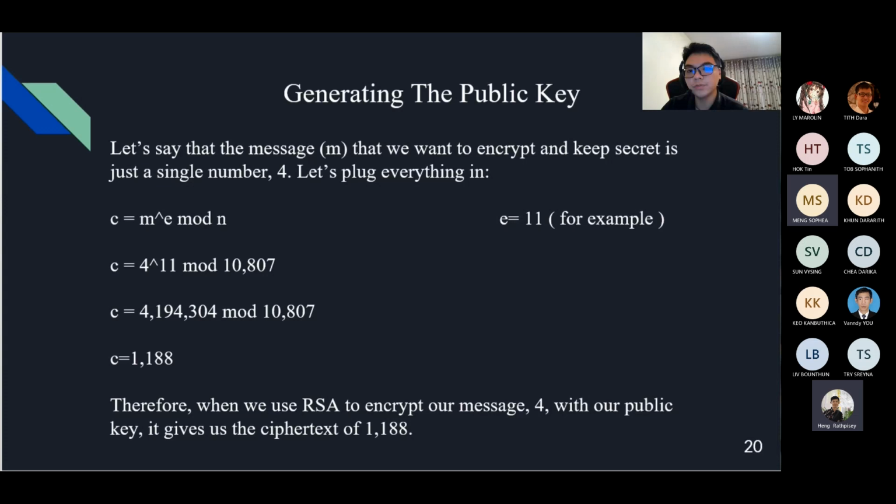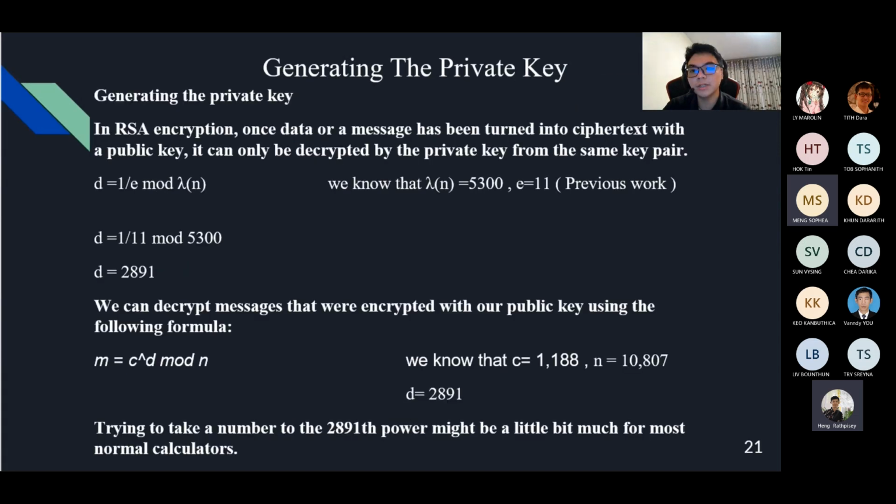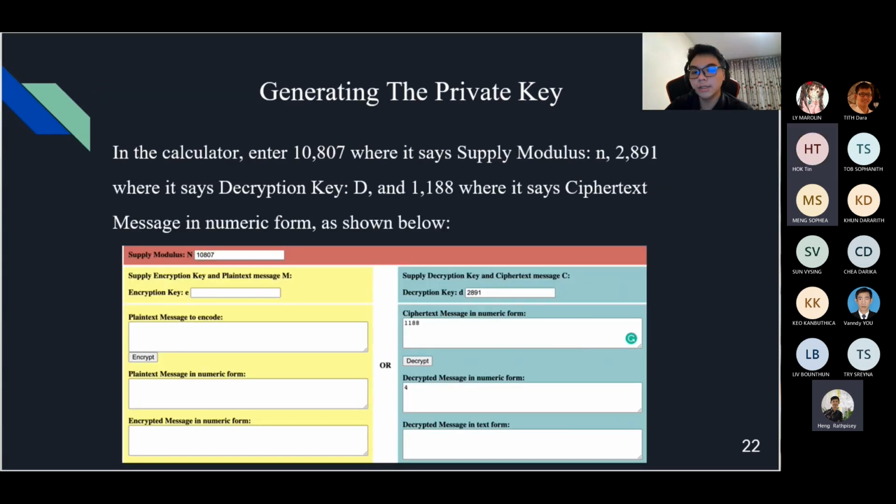After we generate our private key, we have a formula with a power of 2000 plus, which a normal calculator cannot generate. So we use the RSA calculator. Yes, we have our decrypted message in numeric form, which is number 4, the one that I set to make sure that my calculation is correct.